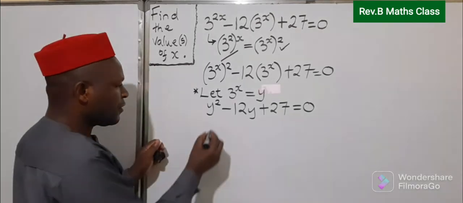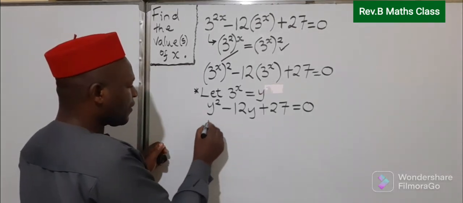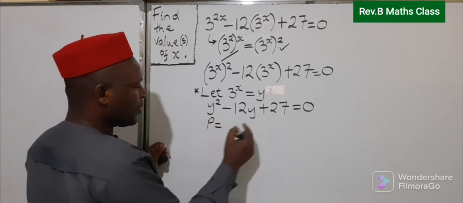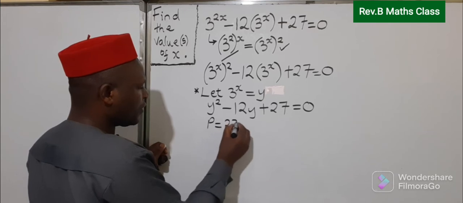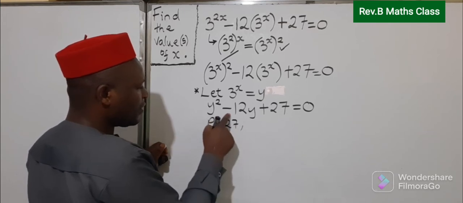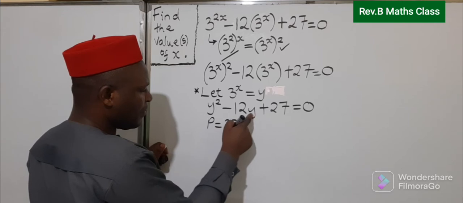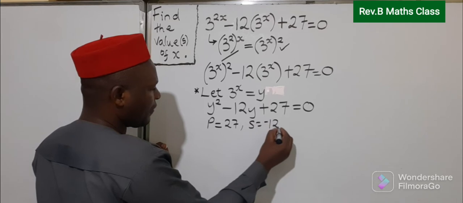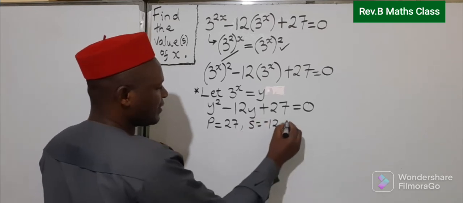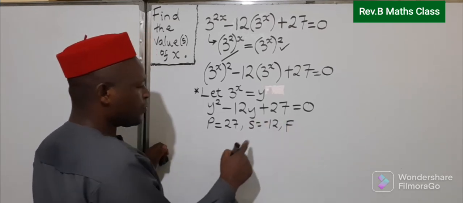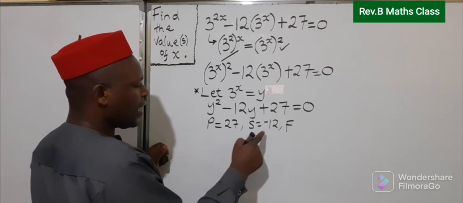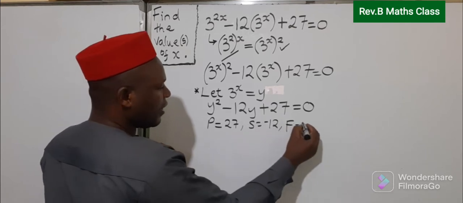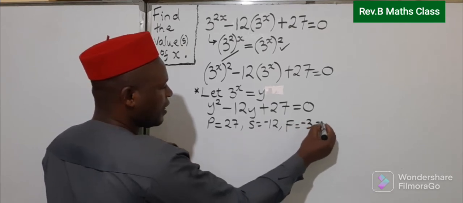At this point, you are going to have the product for this one. 1 here multiplied by 27, you get 27. And the sum is the coefficient of this variable y, which is negative 12. The two numbers that when you add you get negative 12, and when you multiply you get 27, are negative 3 and negative 9.